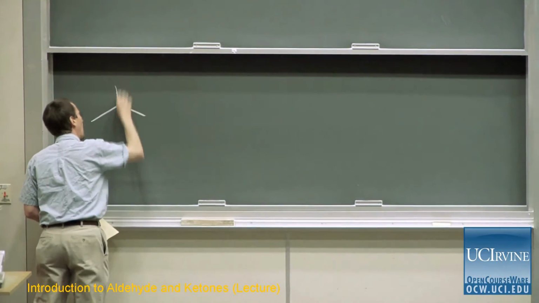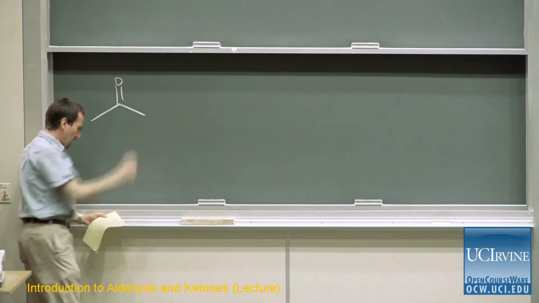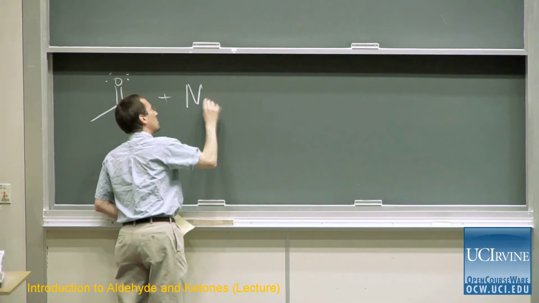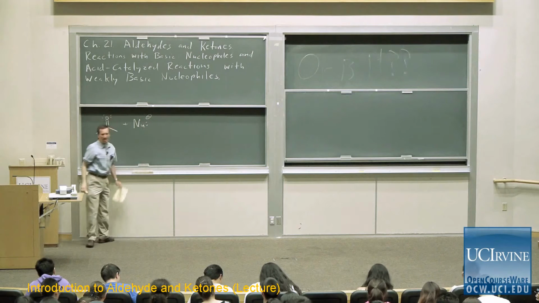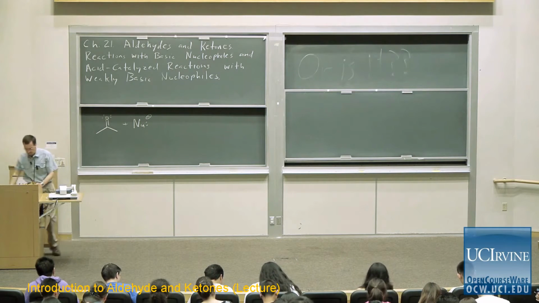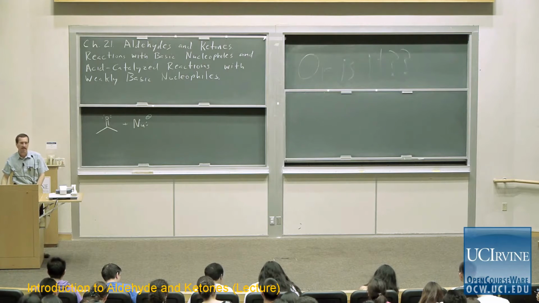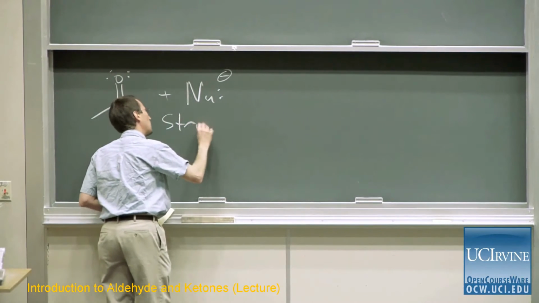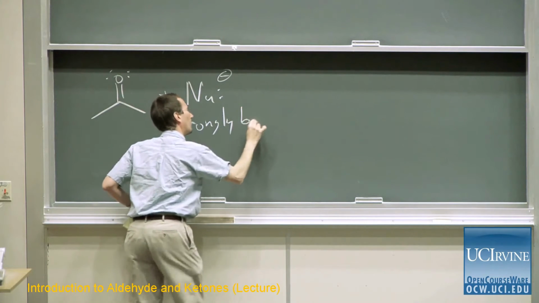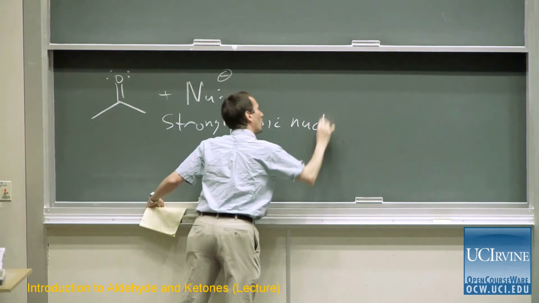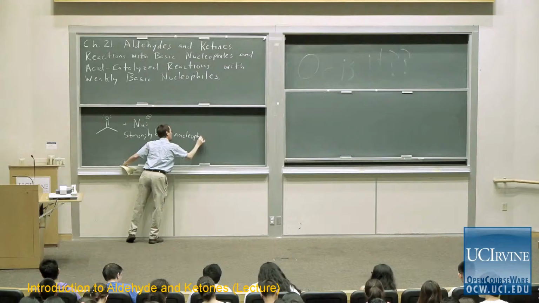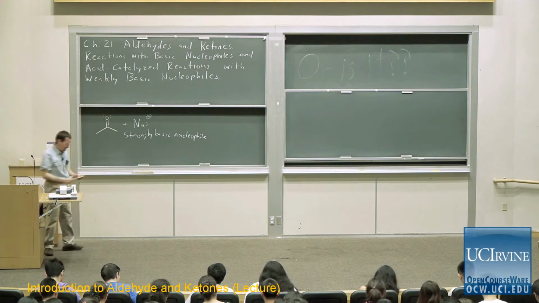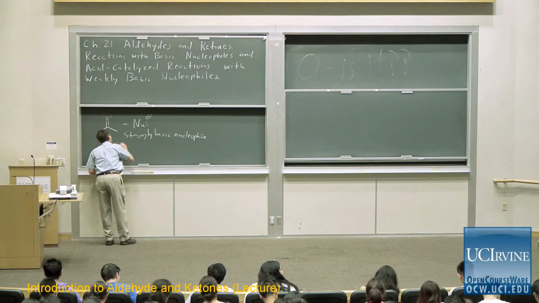So the theme that we've gotten is if you have a carbonyl compound, a ketone or an aldehyde, and you have a nucleophile, and I'm going to describe that nucleophile as a strong nucleophile, or maybe more specifically, a strongly basic nucleophile, or even a nucleophile that's not quite so strongly basic, let's say a moderately basic nucleophile.